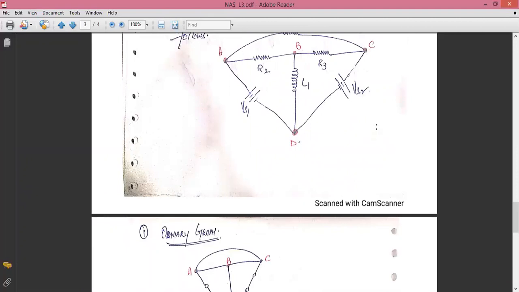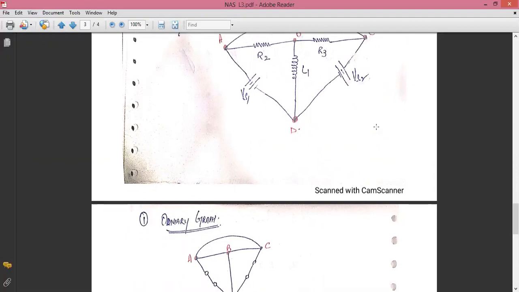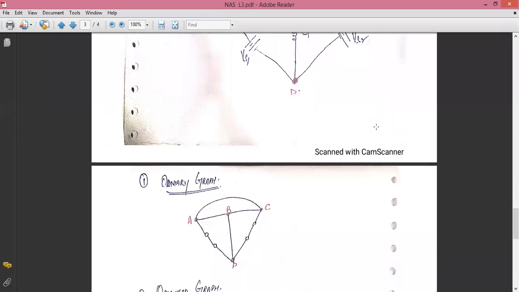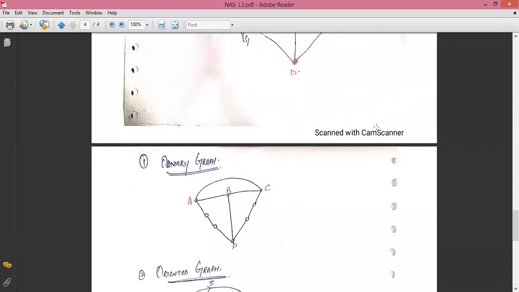But between A and D, there is a voltage source, I can short circuit it. Between C and D there is a voltage source, I can short circuit it. So this graph so obtained is called an ordinary graph. It's clear? Yes, sir.